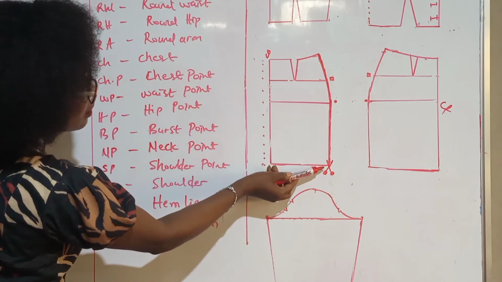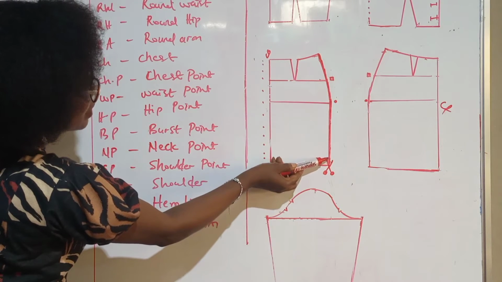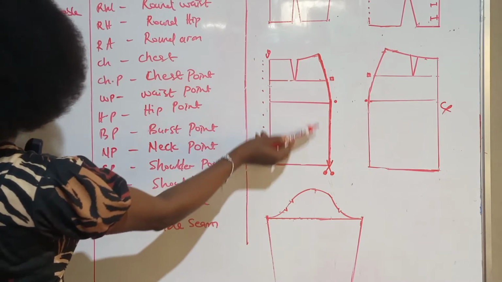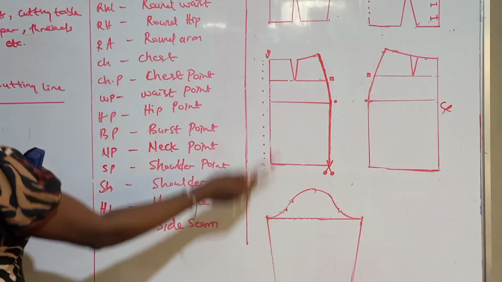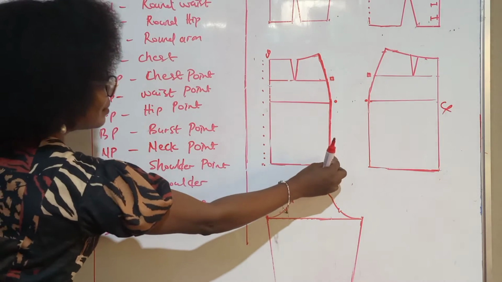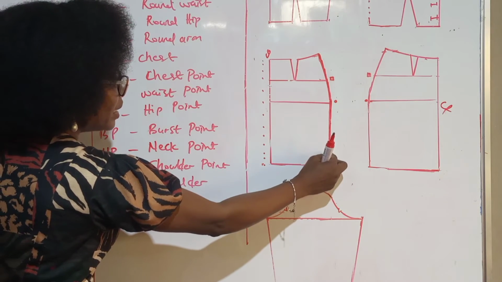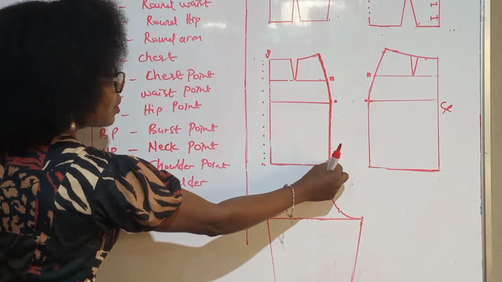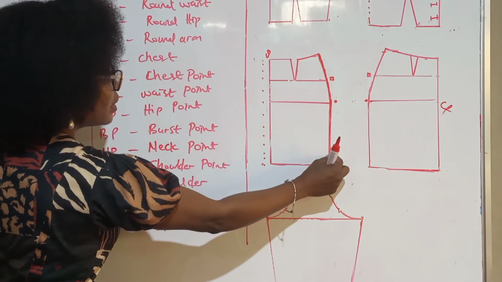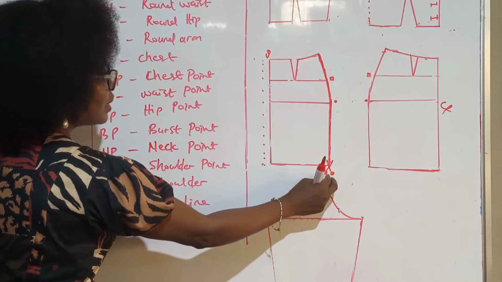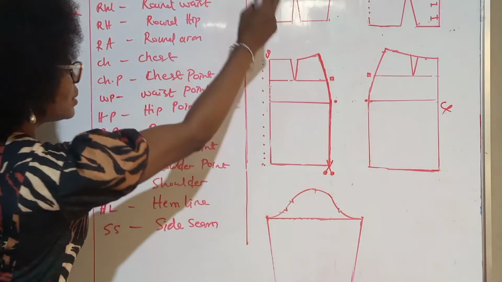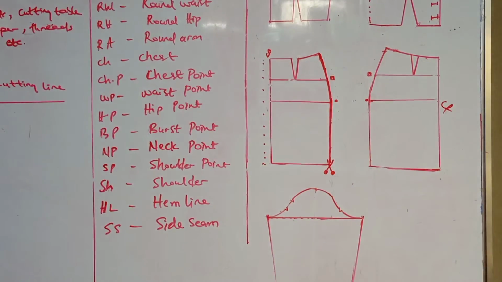Just like we placed our skirt pattern on the fabric the other time and we cut. So that is the cutting line, the line through which you are going to cut the paper, right around, a little bit away from your pattern, just to give you some sewing allowance. So this symbol is telling you to cut along that line.